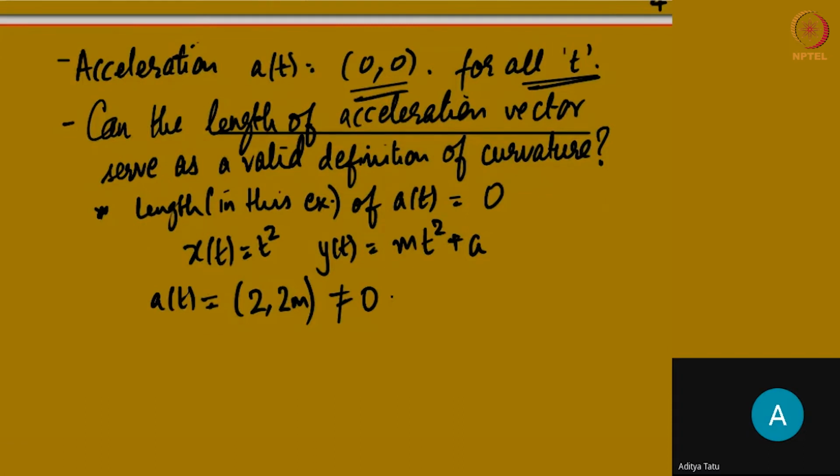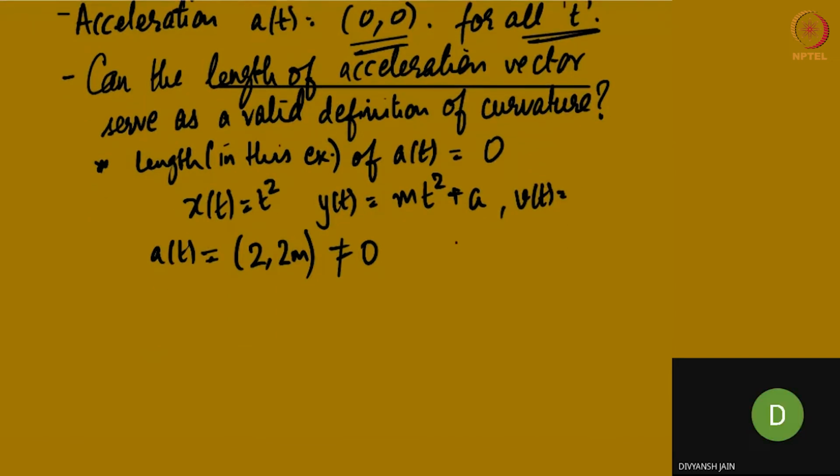So what is wrong here? But sir, curve is also not a straight line, na? So is the curve not a straight line? Can you plot this curve? So let's say t goes from 0 to 1. Then it will be easy to draw. It's (1, 1).